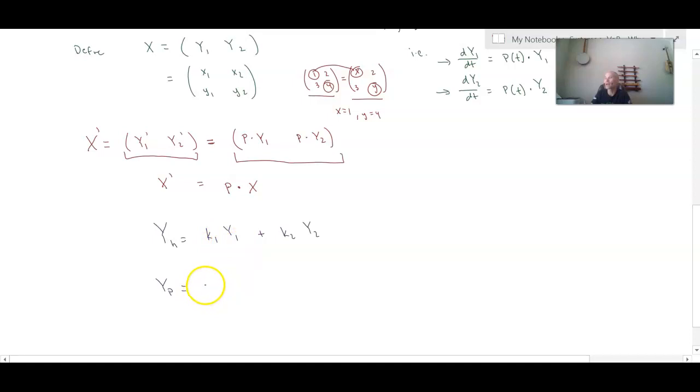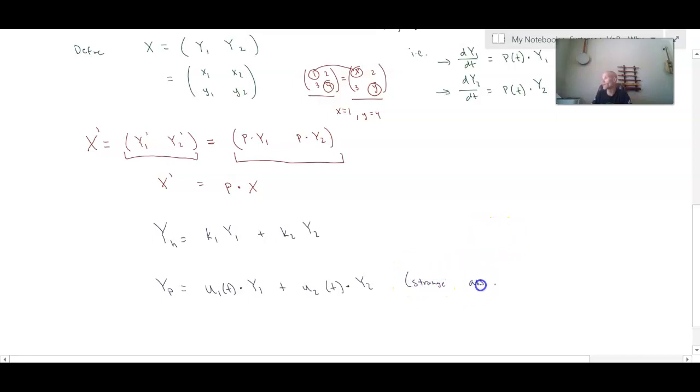So I'm going to call this u1 of t times y1 plus u2 of t times y2.